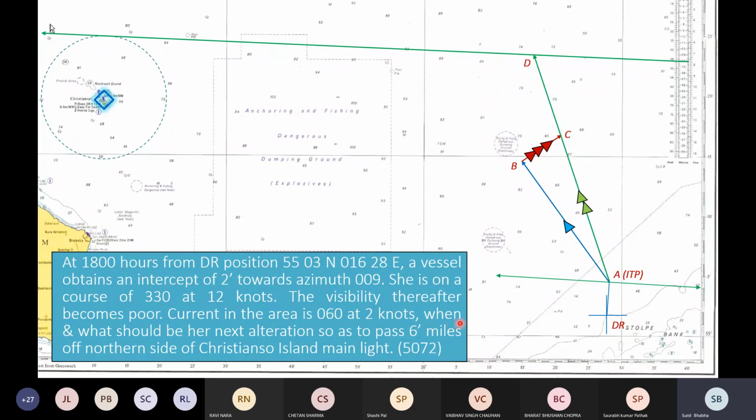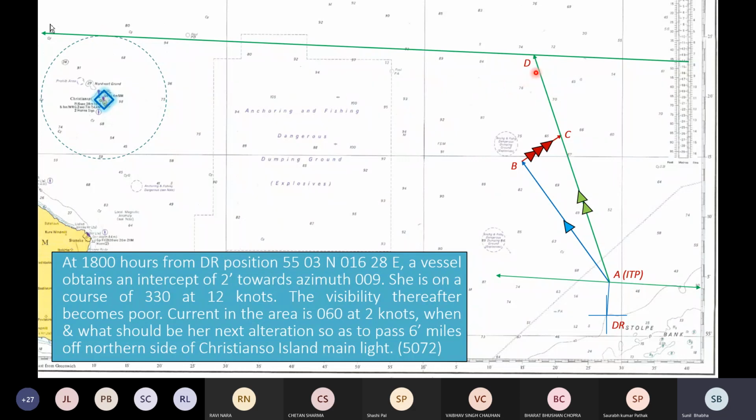They asked us when should be her next alteration of course. So once we know our ETA at Delta, we know the time when we should be altering our course. Now let's find out the second part of the question. We want to find out the course to steer to pass 6 miles off from this particular lighthouse.